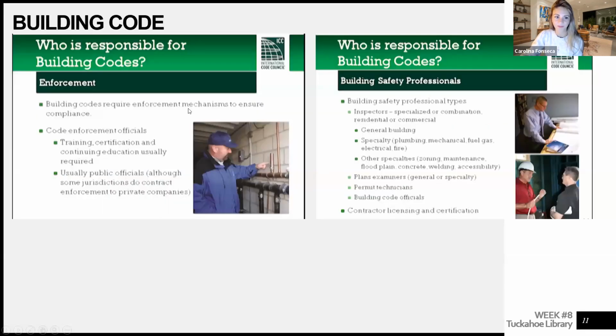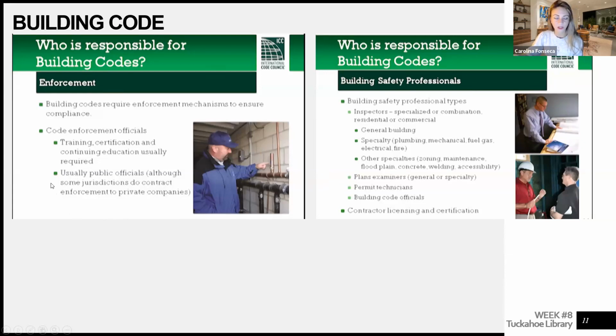We have more, but as a summary, who is responsible for building code? It's the enforcement team. Building codes require enforcement mechanisms to ensure compliance. Code enforcement officials usually are trained, certified, and have to do continual education, a minimum amount of hours ruled by New York State.